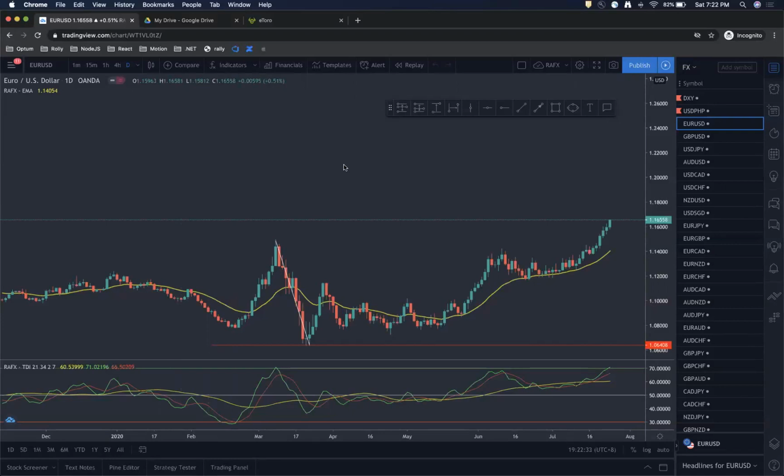Okay, so I am in my TradingView account. Again, this is free.